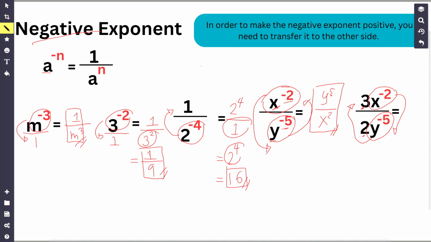The 3 and the 2 don't have negative exponents, so they will just remain as is. So we have 3 and then in the numerator y raised to 5 over 2x raised to 2. And this is already our final answer in the last example.